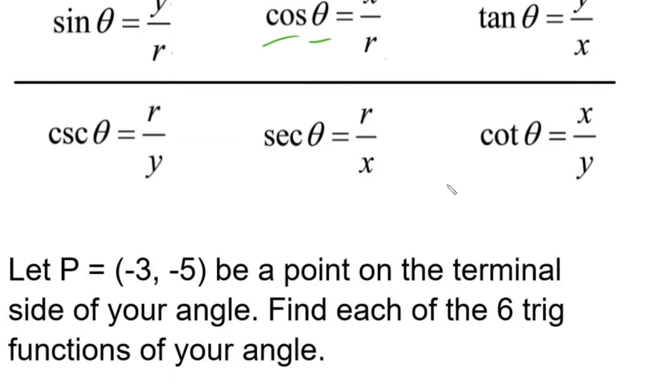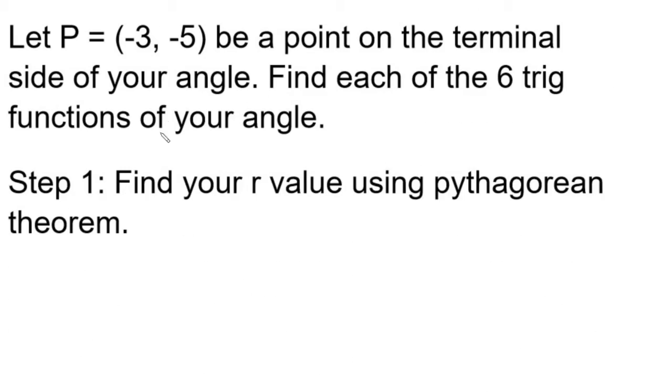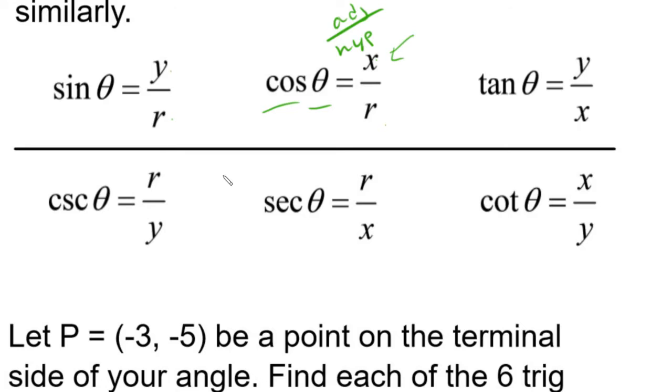Now, here's an actual example. Let P equal the point -3, -5, and that's a point on the terminal side of your angle. So find each of the 6 trig functions of your angle. Step 1, find r using the Pythagorean theorem. Remember that on all these computations, r is involved.